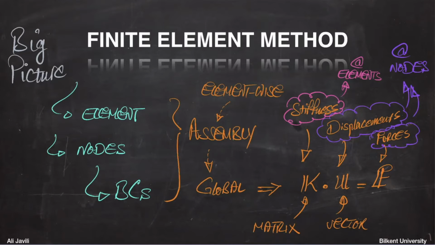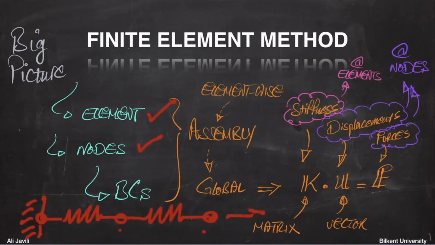If we just think of a system made of a bunch of springs, let's say you have these two springs, then it's like you have two elements, right? So spring one, spring two, these are elements. Then you have three nodes. So these are the nodes. And then maybe you fix it here and you apply a force here.